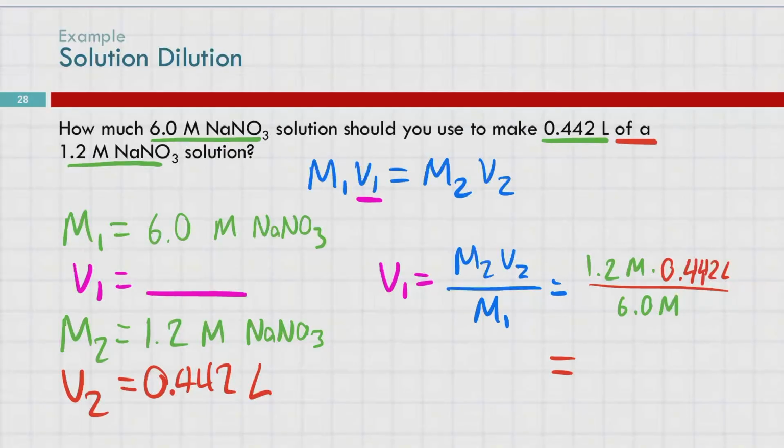So the volume that we would be starting with is 0.0884 liters of that 6 molar solution. So we would take this 88.4 milliliters, put that into a container, into something that we can measure this volume, and then we would dilute it up to this 0.442 liters, and then we would know that our concentration is 1.2 molar.